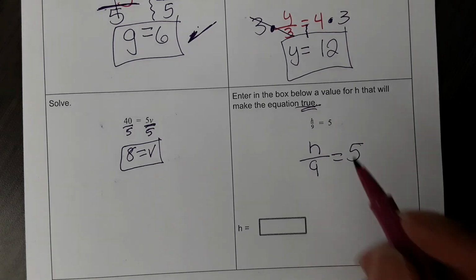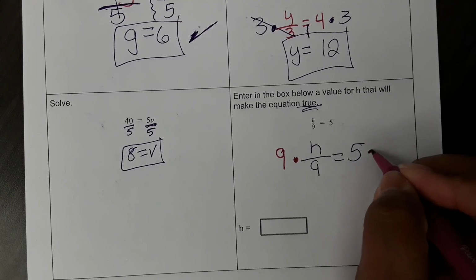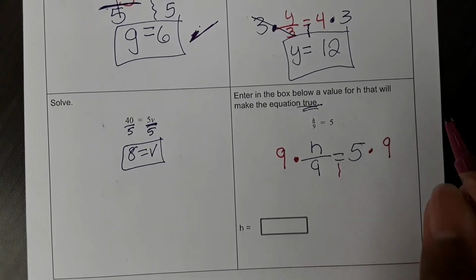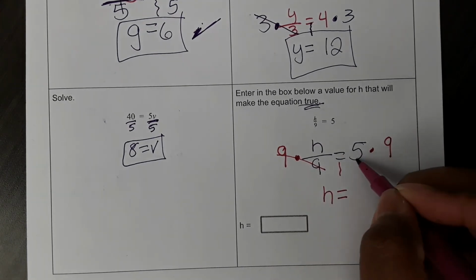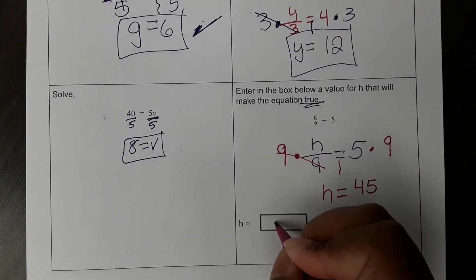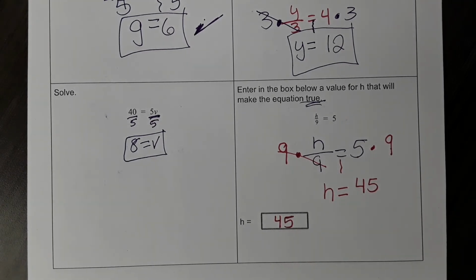To undo that, I know it's multiplication, so I need to do its opposite, multiply. And whatever I did to one side, I made sure to do to the other. Those cancel out. I get h is equal to 5 times 9, another math fact, 45. So, in this case, to make that a true statement, h had to be 45.